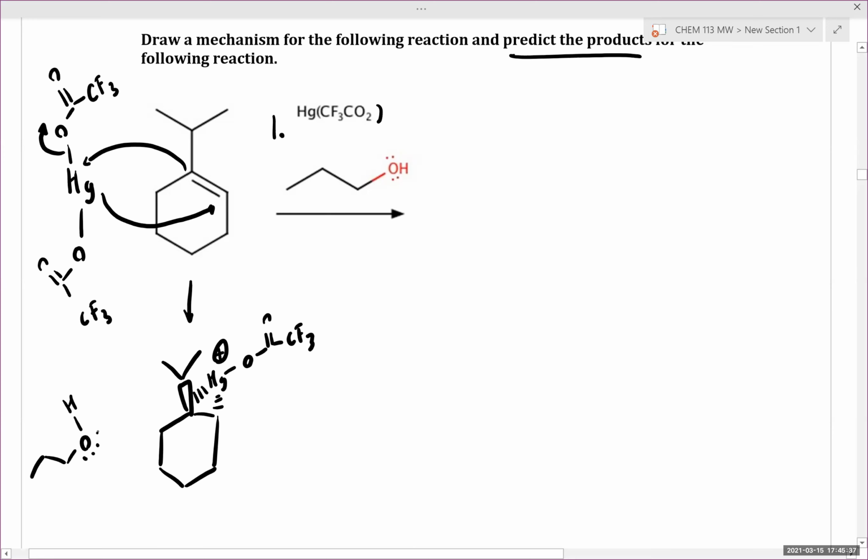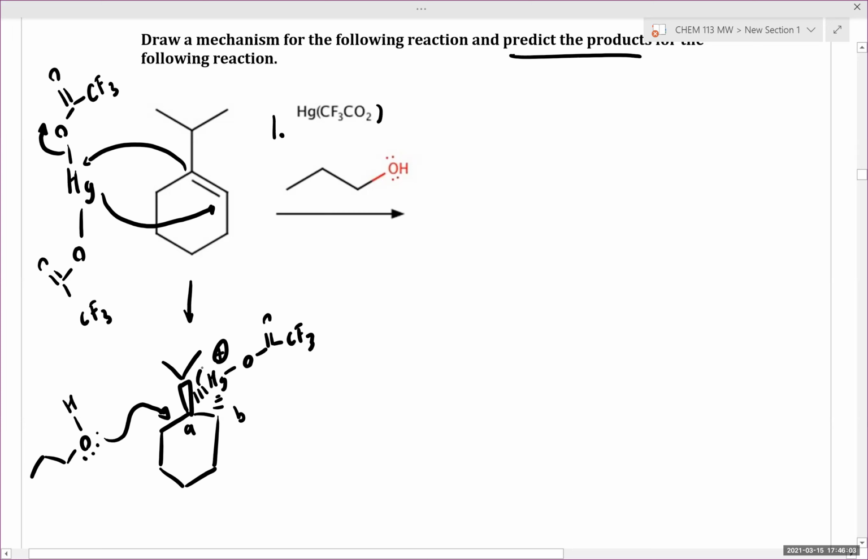And now where will the alcohol attack? So in oxymercuration, which site is preferred? What site is preferred under Markovnikov regioselectivity? What site is the more substituted site? I'll label them carbon A and B. Which carbon gets attacked as we open up this mercurinium? A. Yep.